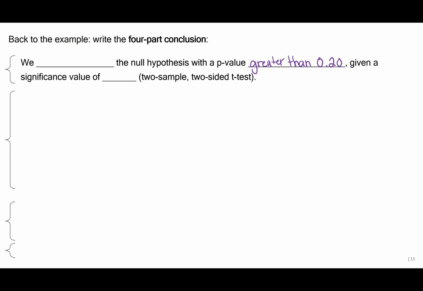Because it was between 0.20 and 0.30, with a significance level of 0.10. Given that, I have a huge p-value. So it's saying, hey, if that difference in means really is 0, what we saw in our sample happens kind of often. So we don't have good evidence that that null isn't true. So we fail to reject.